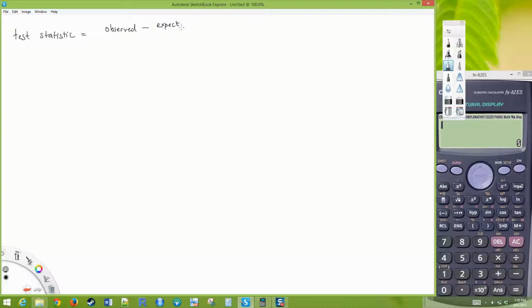Observed versus expected. Expected based on the null, but oftentimes this "based on the null" is implicit, so a lot of times you'll see it ignored. And we divide it by what we call the standard error, which is how much fluctuation is acceptable. It's the standard deviation of the sampling distribution.